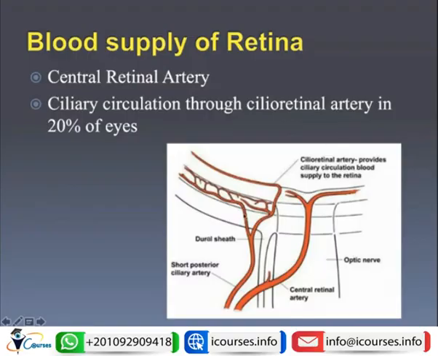The macula should be supplied by the branches of the central retinal artery, but sometimes, in 20% of people, the ciliary circulation will share in the supply of the central retina.